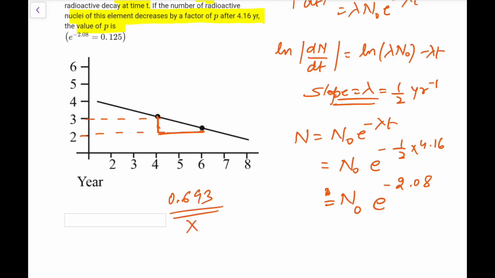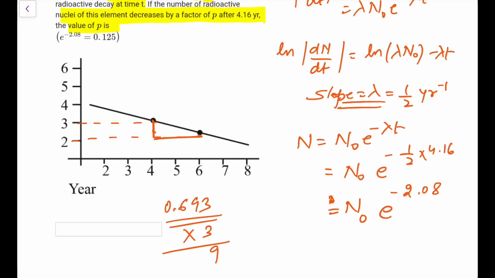Let's say 6.93. If I do this 3 times, it would be 9, and it would be 2.08. 3 3s are 9, 3 9s are 27, 3 6s are 18, 20, so it is 2.079.